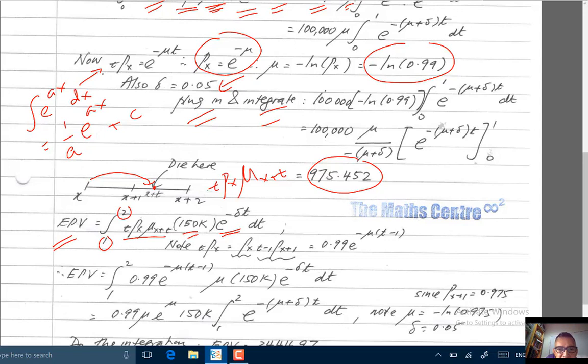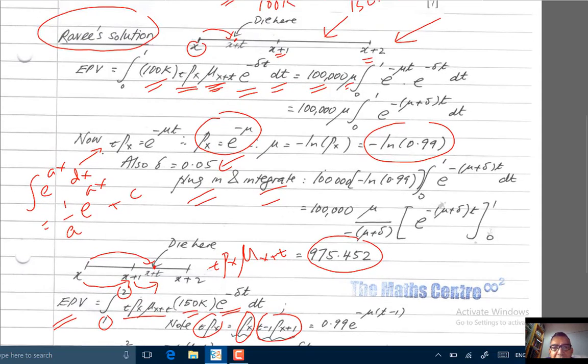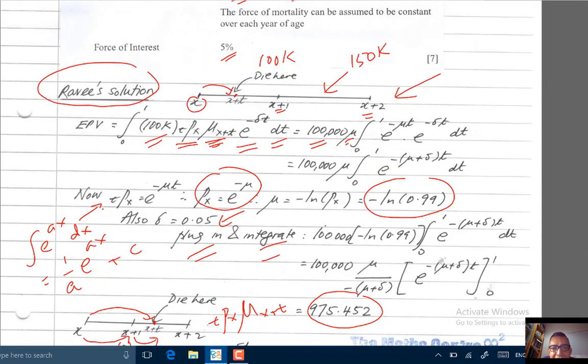Integrate this whole thing with respect to t, taking note that for him to live up to here, he has to live from here to here and from here to here. So you have t p x will be px times t-1 px+1. That's not too difficult. The reason we have to do that is because the probabilities are different for age x to x+1 and age x+1 to x+2.